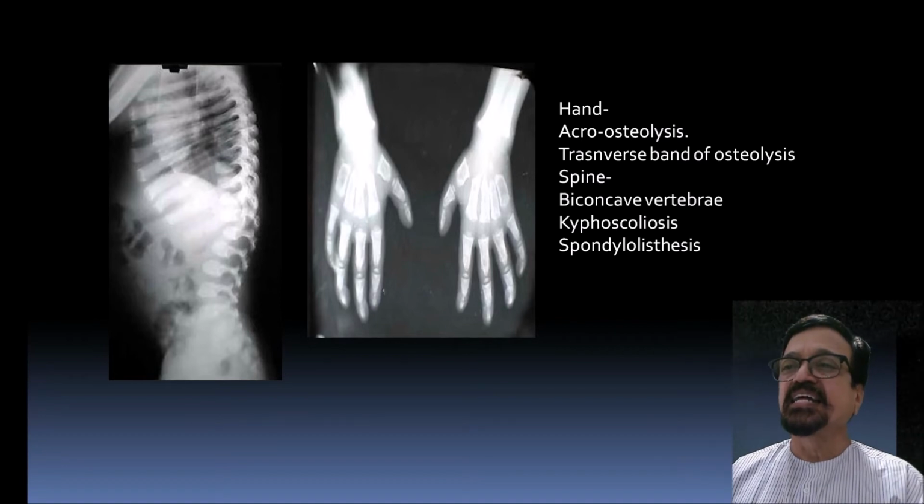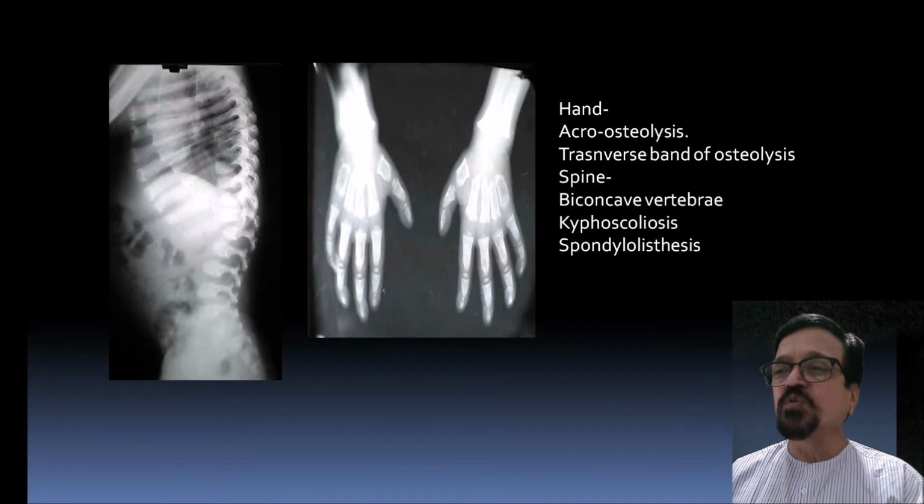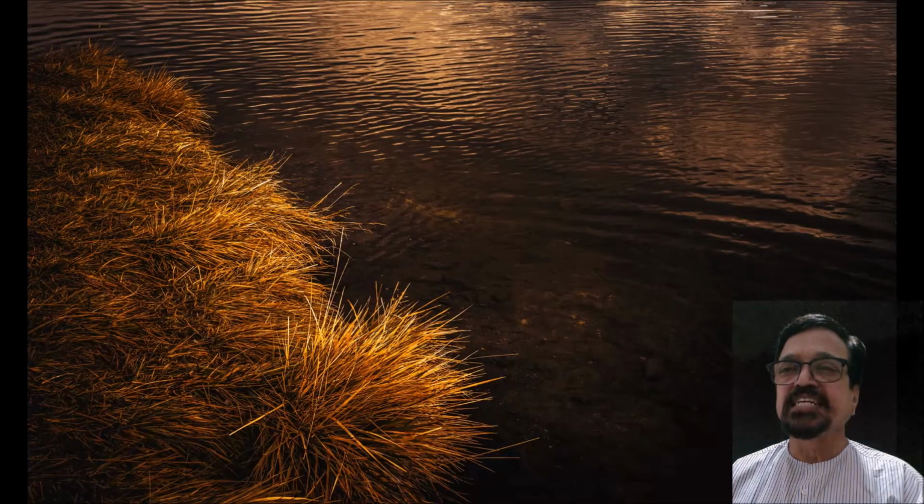Now see the hand. There is acro-osteolysis, transverse band of osteolysis. The spine is showing concave vertebrae, kyphosis, and spondylolisthesis. So these are the changes.